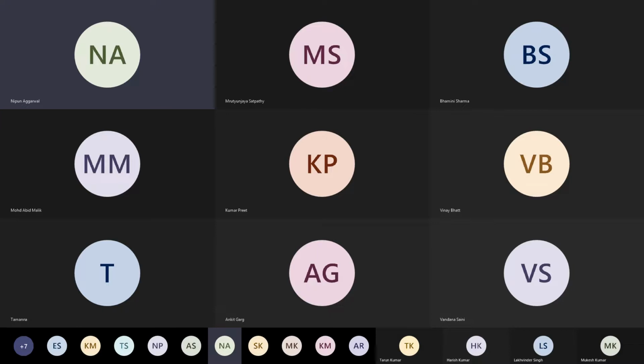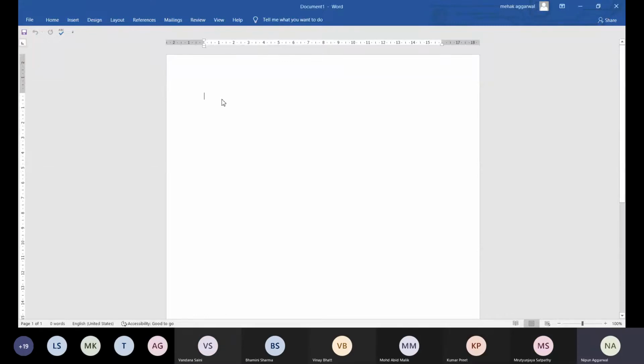Or we can write it in the word option. So the R is equal to small r.